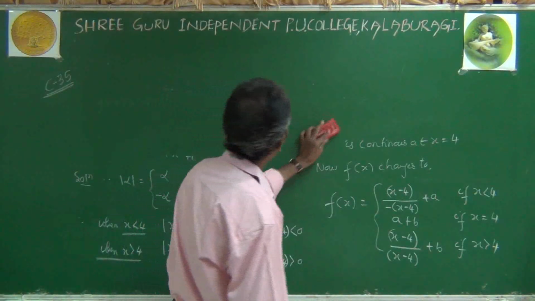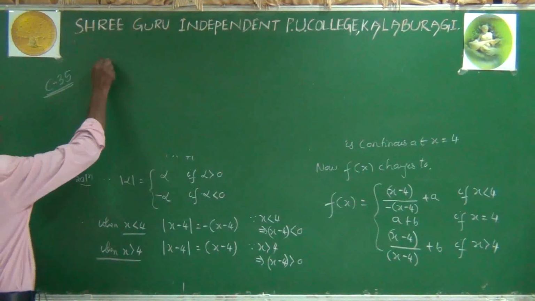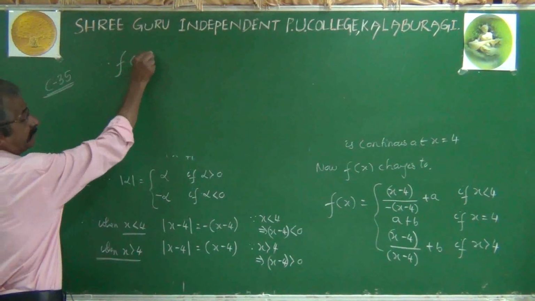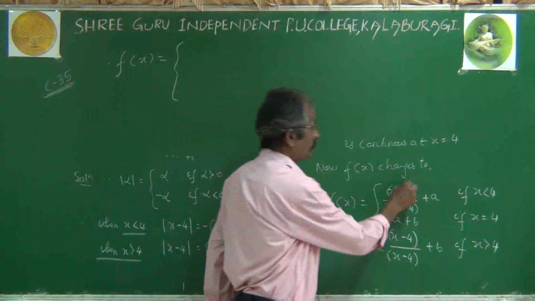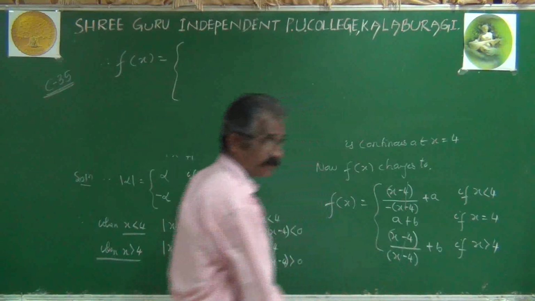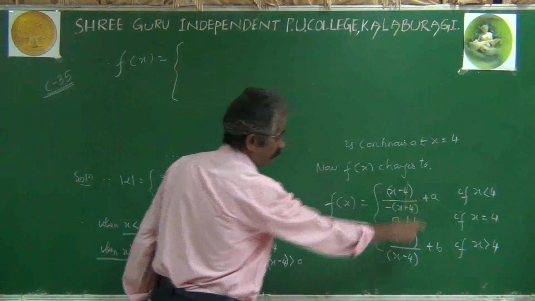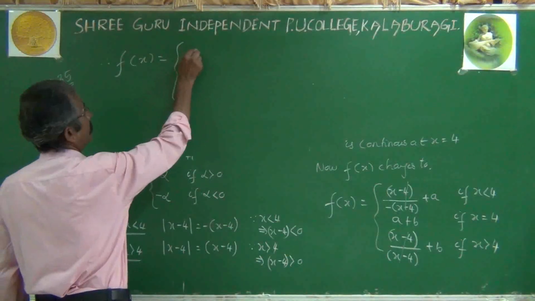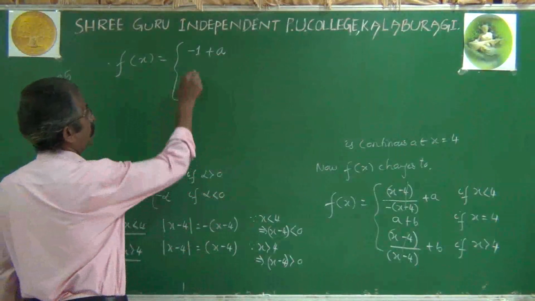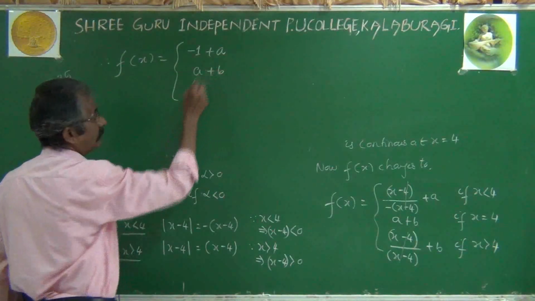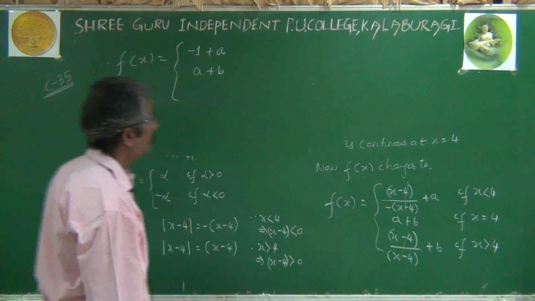Therefore now f of x will be given by three values. Here x minus 4 cancels. Here also x minus 4 cancels. The first one gives minus 1 plus a, or a minus 1. Next a plus b, and the third value after x minus 4 cancellation we are left with 1 plus b, that is b plus 1.